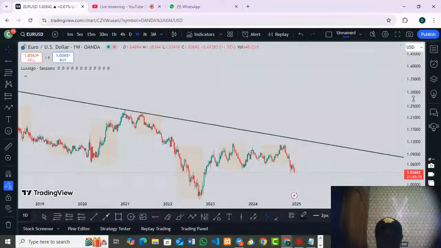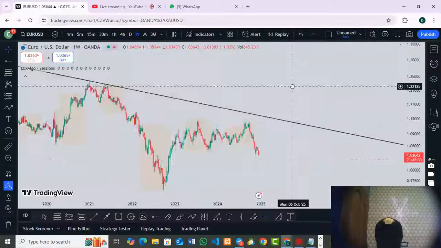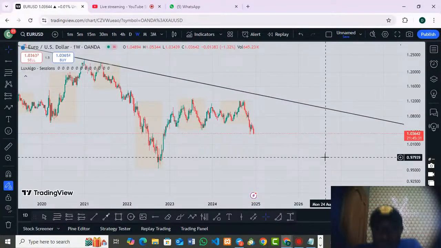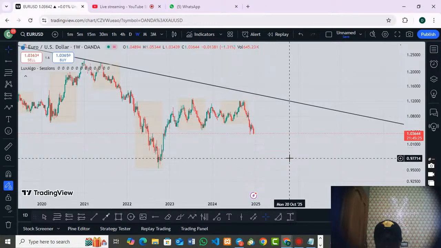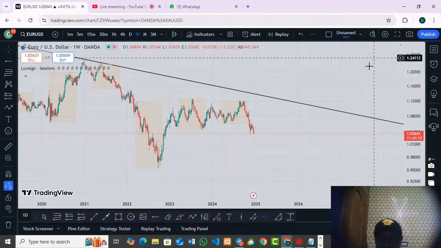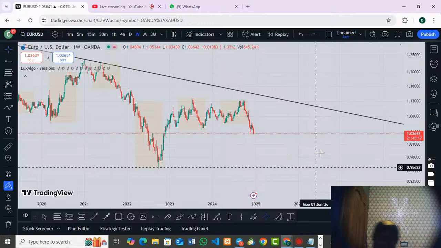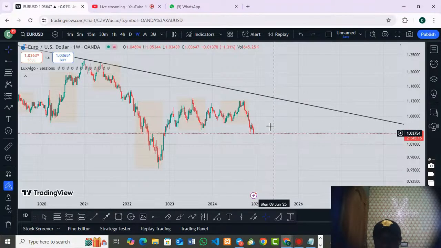When we come to the weekly time frame, this is the state of price over here. We are much interested in the current price action. Though we know from the monthly time frame there is a bullish flag and price is going to break out to the upside, before price breaks out to the upside, currently we are in a bearish market.